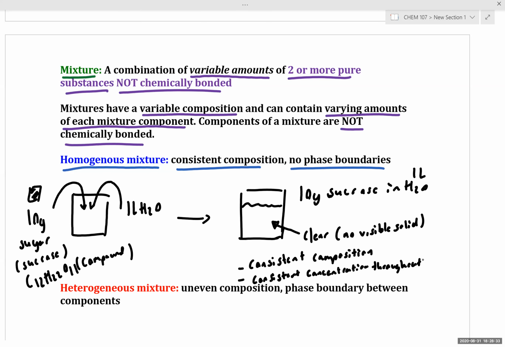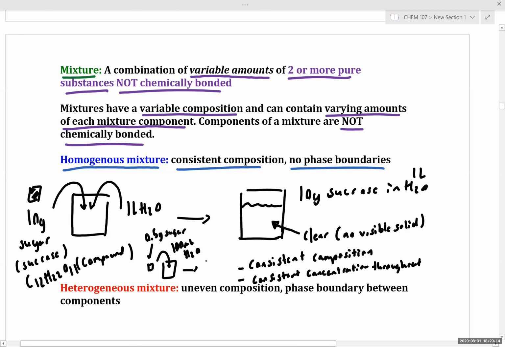Now, you may ask, how do mixtures have variable composition? Well, just like we can easily mix 10 grams of sugar with 1 liter of water, let's say I'm making a tiny cup. In this case, I'm mixing 100 milliliters of water, and this time I'm adding a very tiny cube of sugar. This time I'm just adding 0.5 grams of sugar.